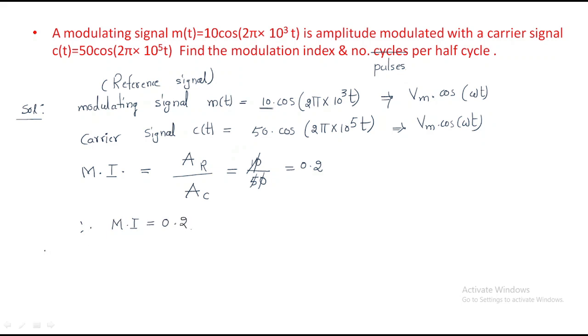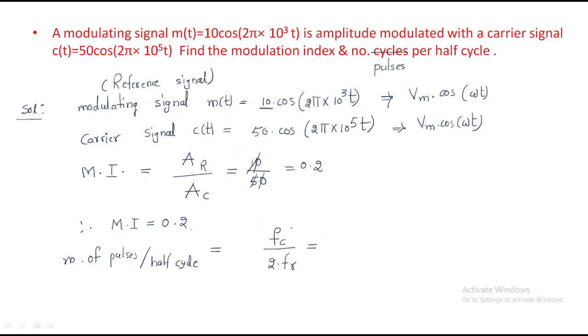What is next? Next is the number of pulses per half cycle. What is the formula for the number of pulses per half cycle? That is Fc by 2Fr. Understand?